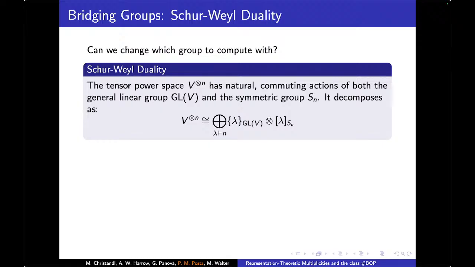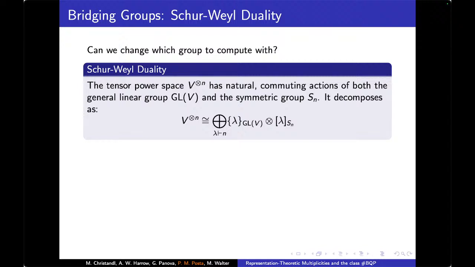And the first thing to notice is that Schur-Weyl duality is very powerful in this setting, because Schur-Weyl duality tells you that these spaces decompose in a very precise way as a bimodule for the groups GL(V) and S_n. GL(V) acts directly on each copy of V, and S_n permutes the entries.